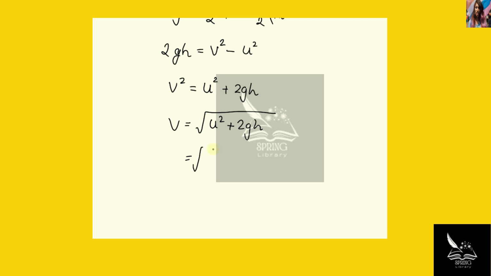So it will be the square root of u square, which is 5 square, plus 2gh. So it will be 2 into 9.8 into the height, which is 7. Now if we calculate, 5 into 5 is 25, plus 2 into 9.8 into 7 turns out to be 137.2.